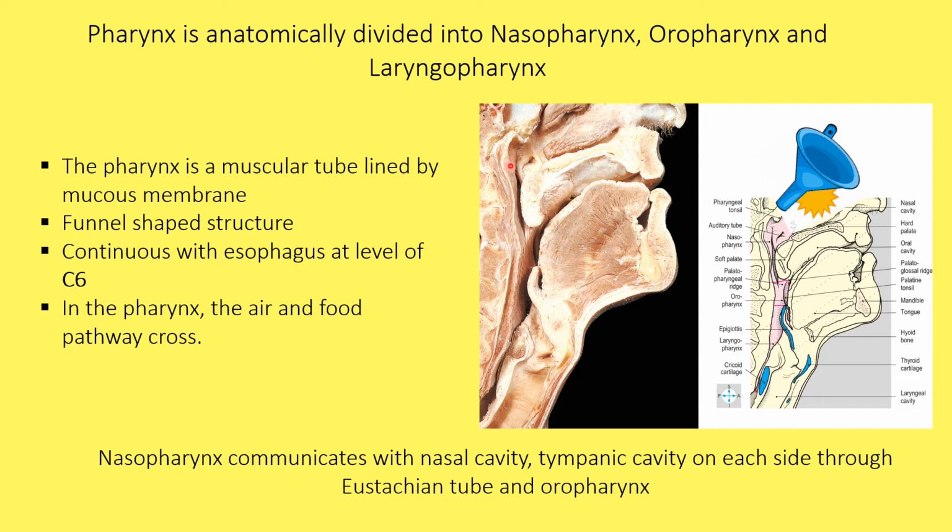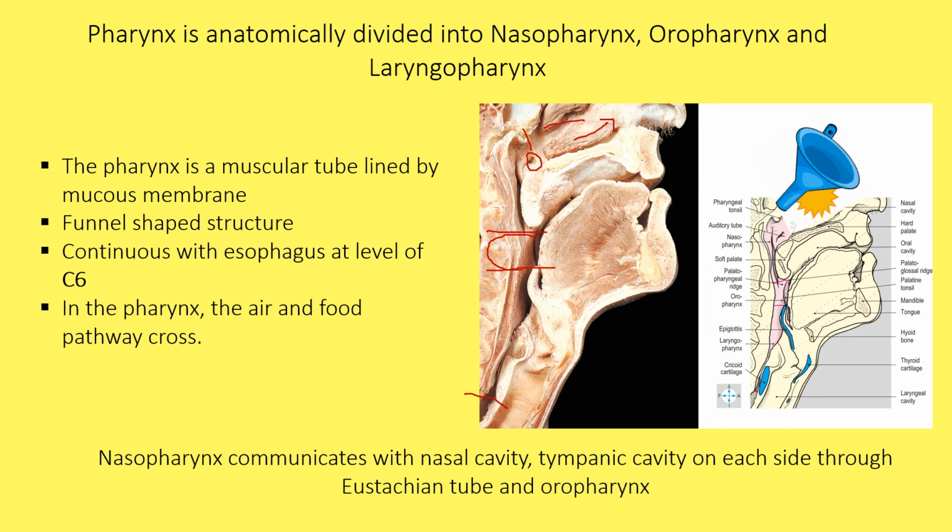Anatomically, the pharynx is divided into the nasopharynx, the oropharynx, and the laryngopharynx. Let me do some marking. This is your nasopharynx, your oropharynx here, and your laryngopharynx. The nasopharynx communicates with the nasal cavity anteriorly, and with the tympanic cavity by the eustachian tube.